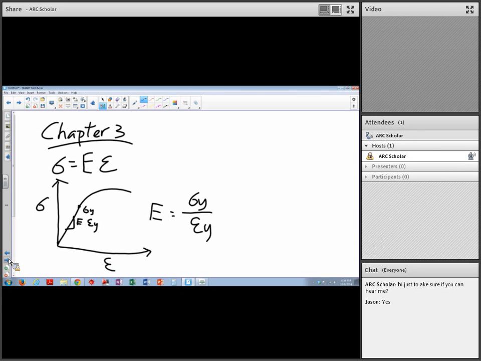So E will take the stress minus this point, which is 0, over the strain minus 0. That gives the modulus of elasticity. Here you cannot use any point beyond the yield stress and yield strain, because it's not a straight line.